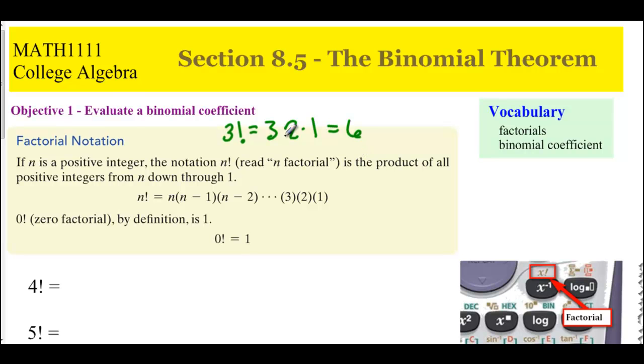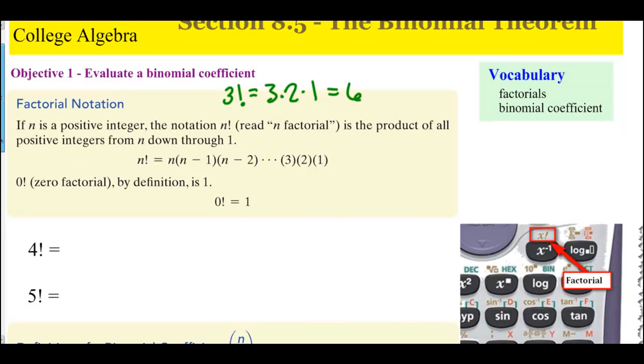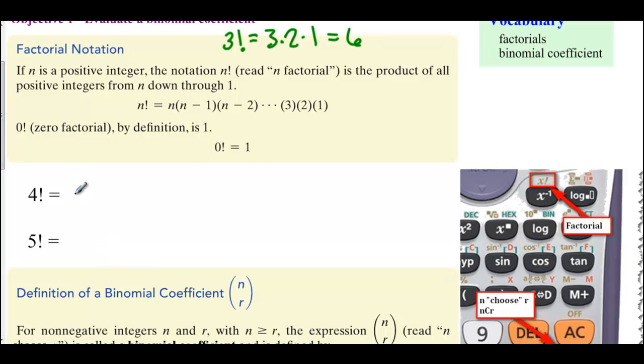Correct. There you go. And then the one thing to remember is that 0 factorial equals 1. All right, so 4 factorial can be 4 times 3 times 2 times 1.